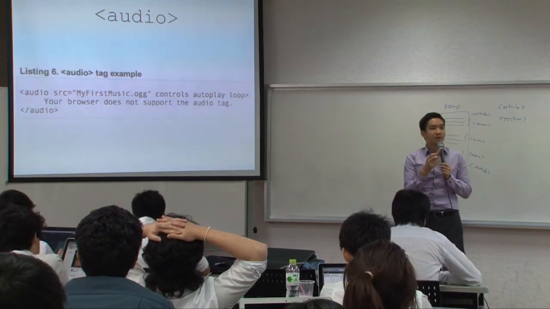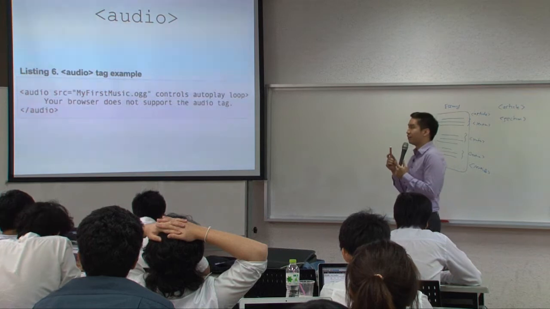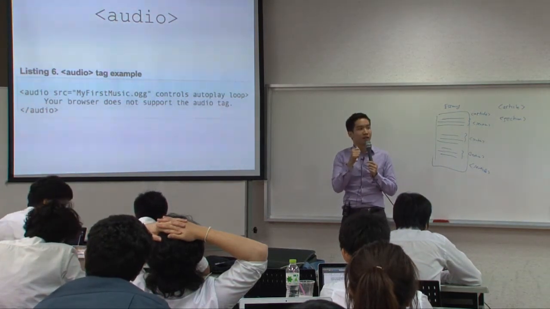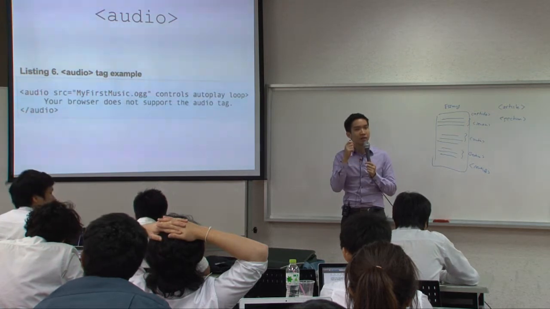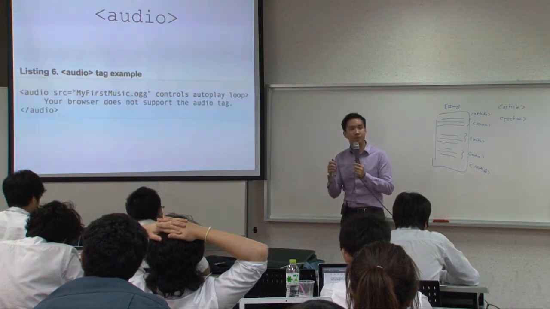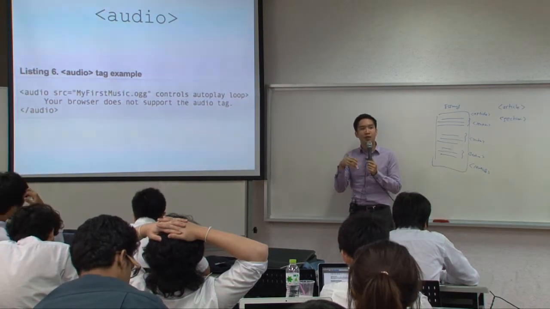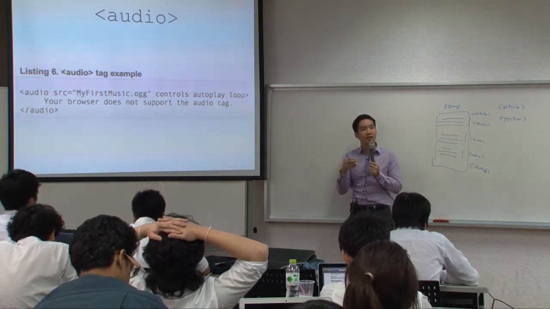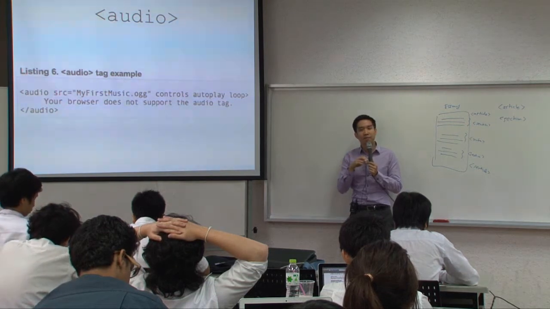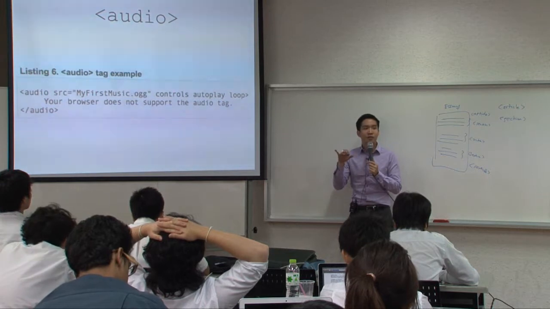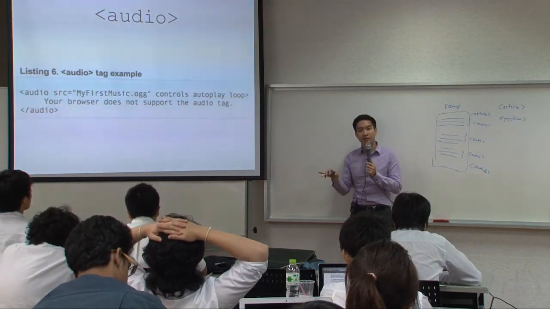You see, one of the problems in web development is that when you become a professional web developer, probably the hardest problem is to create your app in a way that it will behave and look the same way on all browsers.